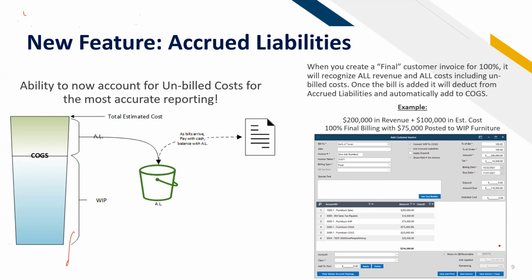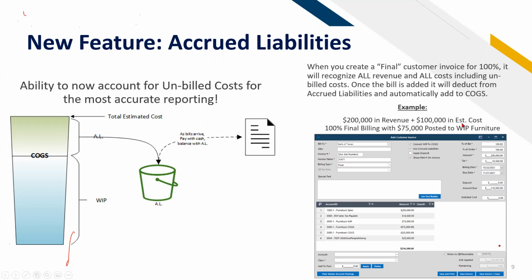So what we're doing here is accounting for all of our costs, including accrued liabilities, so that we can report as accurately as possible what our profit and loss is. So we're just accounting for unbilled costs. A little example here: if we're recognizing $200,000 in revenue and we had $100,000 in estimated cost.